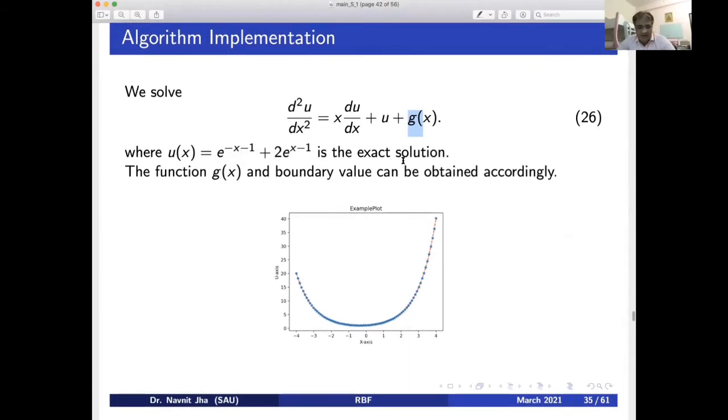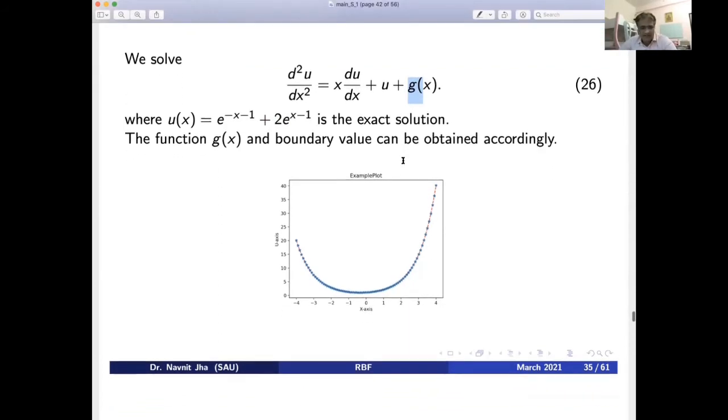When we apply this algorithm, of course boundary data are also obtained from u(x). I have evaluated it on the interval -4 to 4. Here you see in the graph, -4 to 4. The exact solution is denoted by the red graph, and the star is denoted by the graph obtained from the approximate solution.